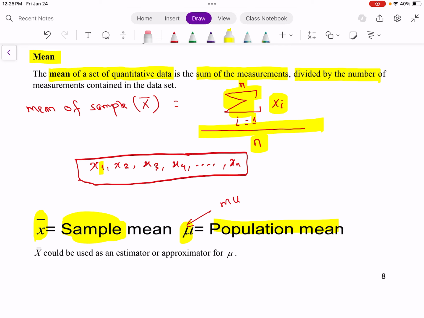So we can use our x bar, which is the mean of a sample, as an estimator or approximator for the population mean. This is making an inference, this is generalization, this is an estimation.